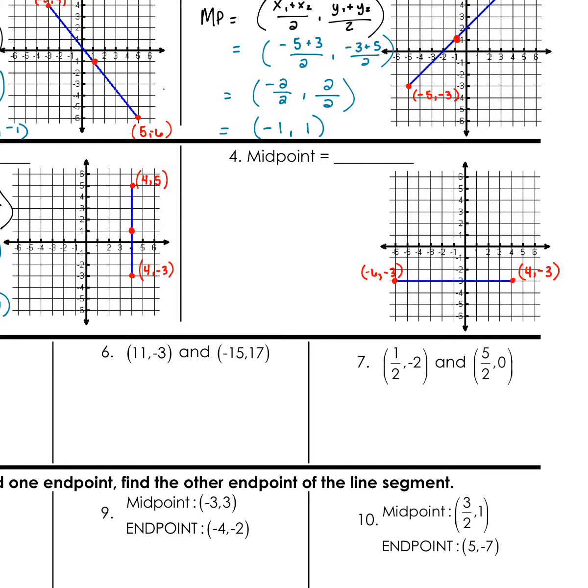So our 2 points, negative 6, negative 3 and 4, comma, negative 3 are our endpoints.